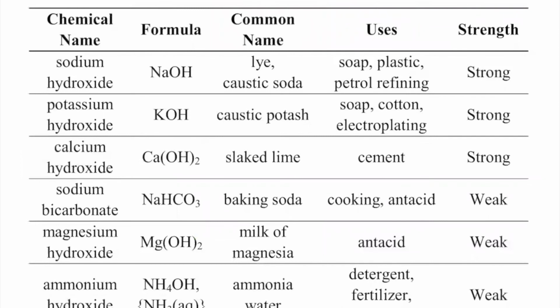The most common bases for you right now are gonna have the hydroxyl or carbonates. And another special one that you have to memorize is ammonia. Ammonia is a base. Notice here we have the acid and base dissociating into salt and water.